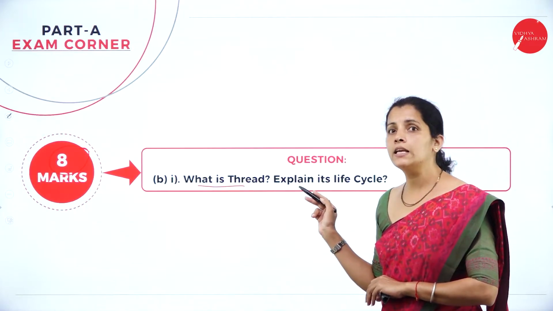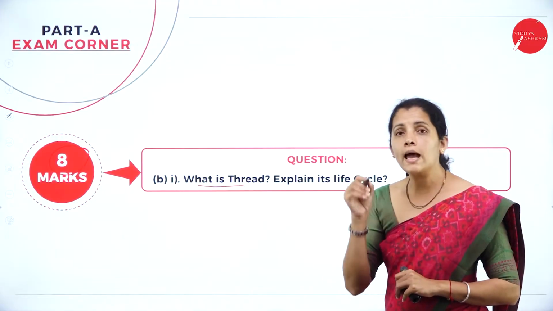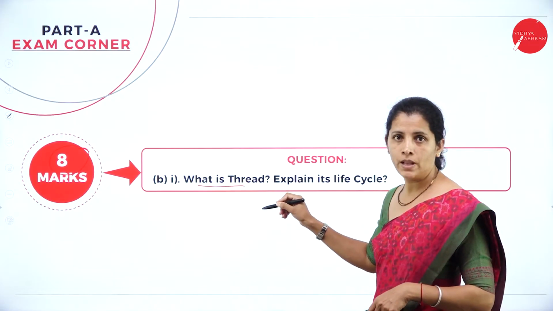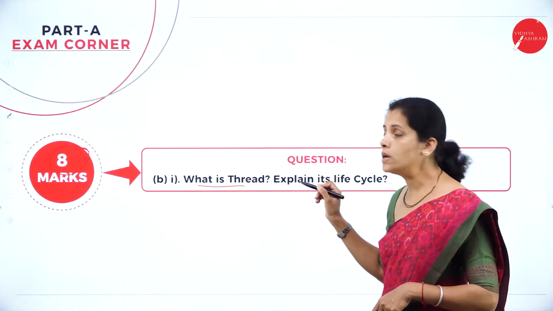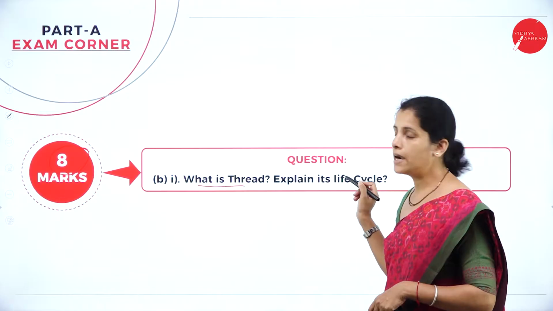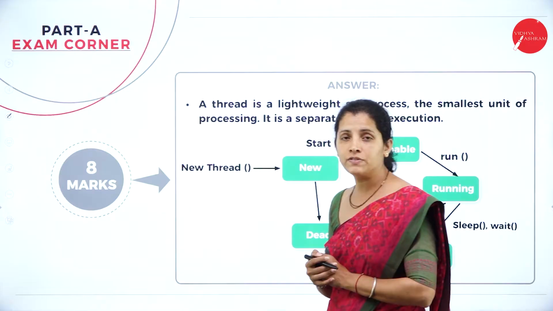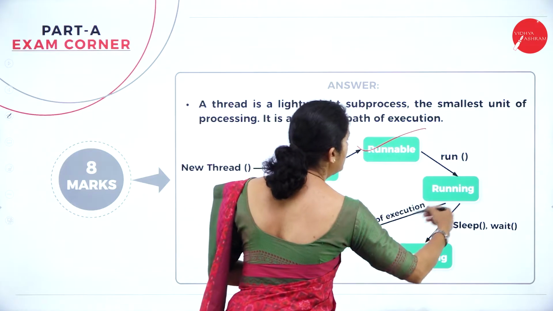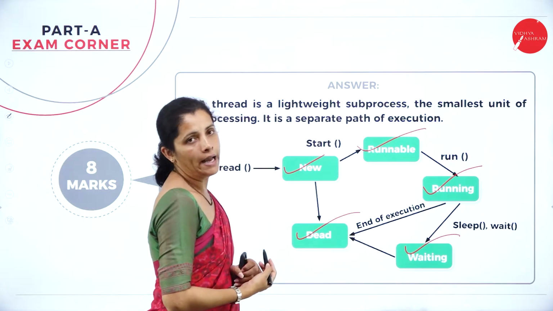Thread is nothing but a lightweight process, or a program in execution is known as thread, and each process must have its own life cycle. And if I consider thread, it is going to have the life cycle states like new, runnable, running, waiting as well as dead.